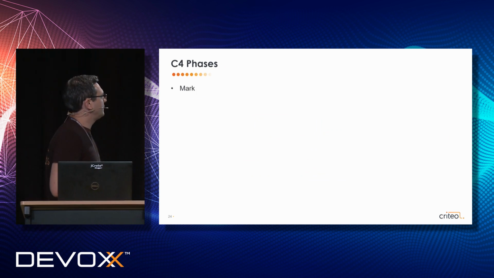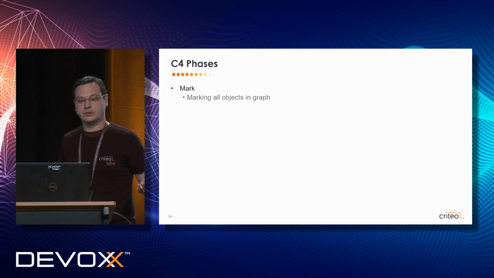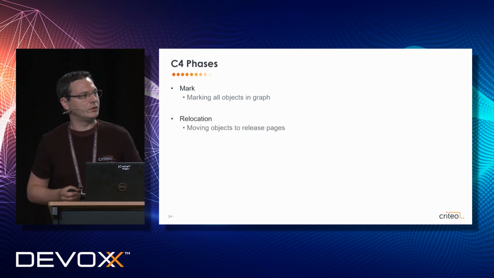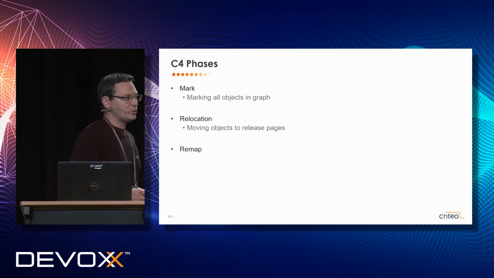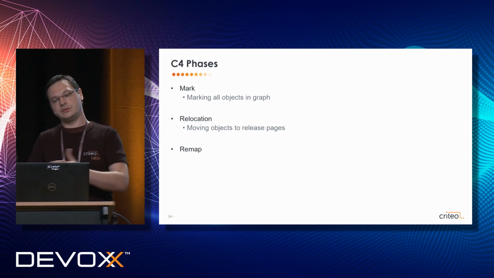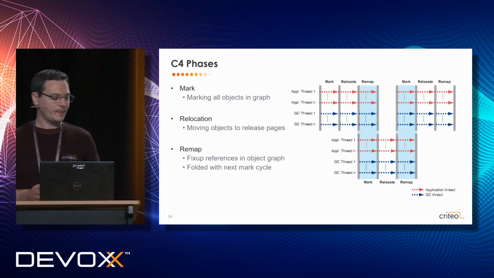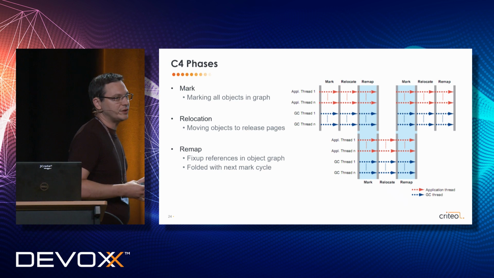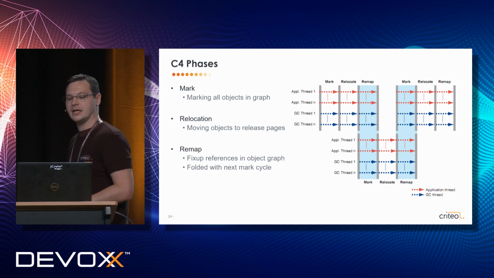So C4 phases, classic: mark phase, marking the whole object graph; relocation, where we move objects from one page to another to release the pages; and remap, to update the old references to the new relocated objects. But as we traverse the whole graph again during the remap phase, we can mark objects again.